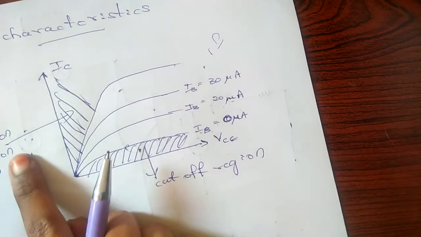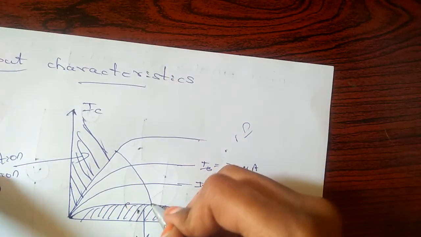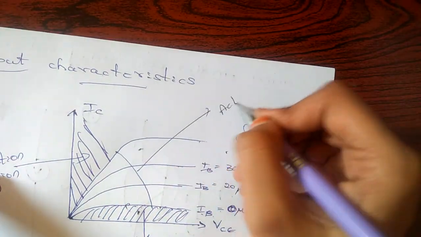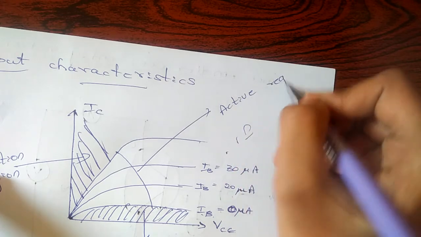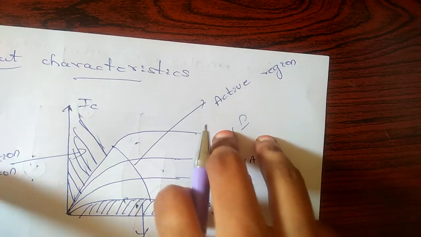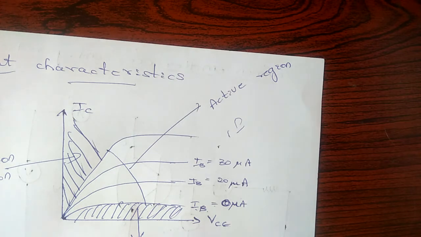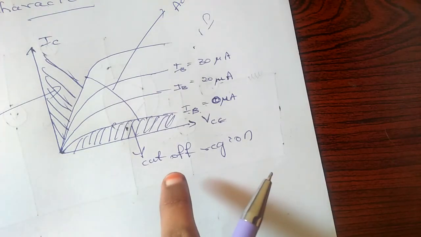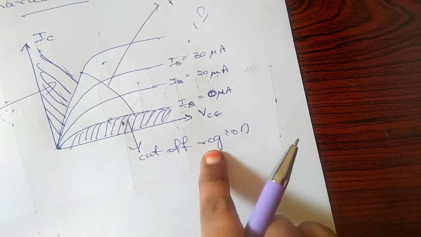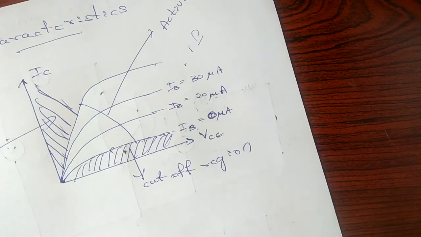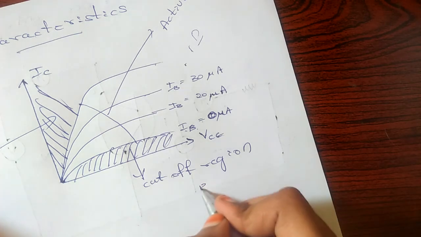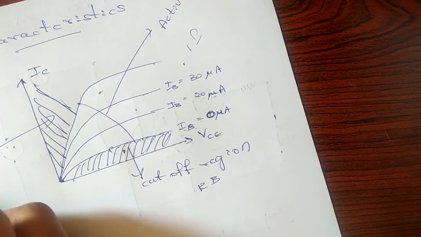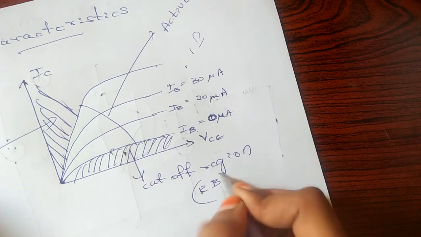The region between the saturation and the cutoff region is the active region. What is the active region? Whenever we make the emitter junction forward biased and the collector junction reverse biased, that biasing is called the active region. The cutoff region is where both junctions are reverse biased.